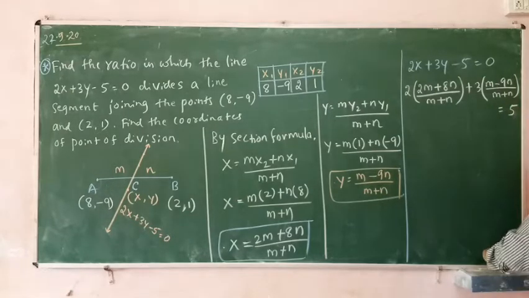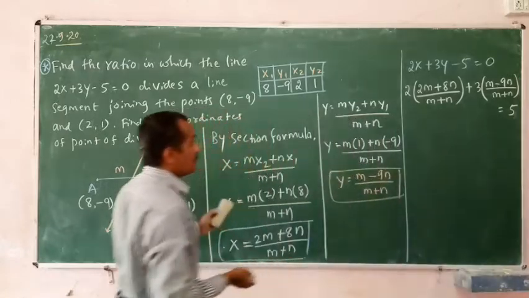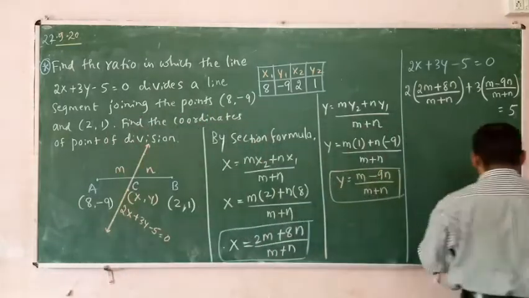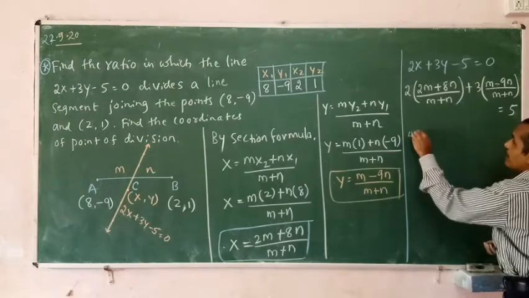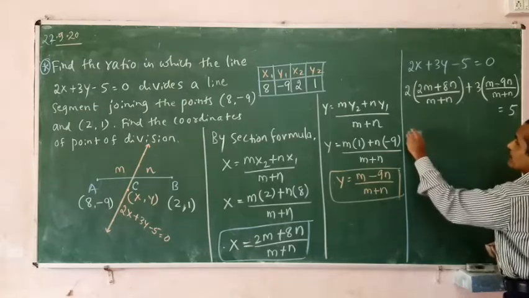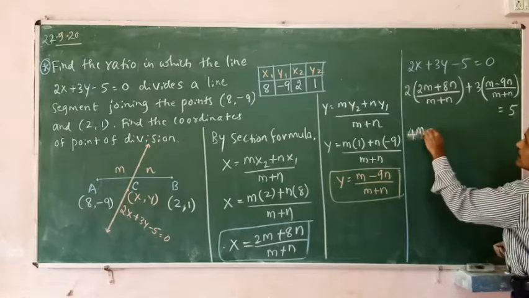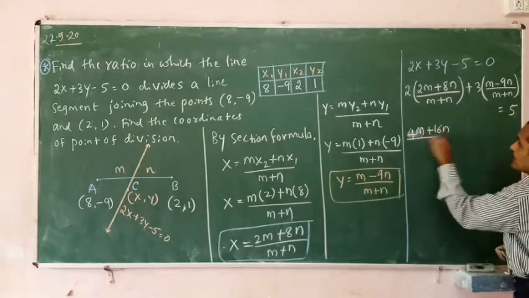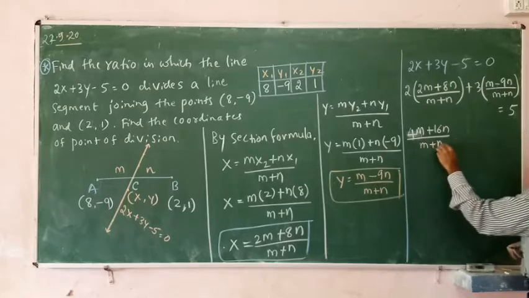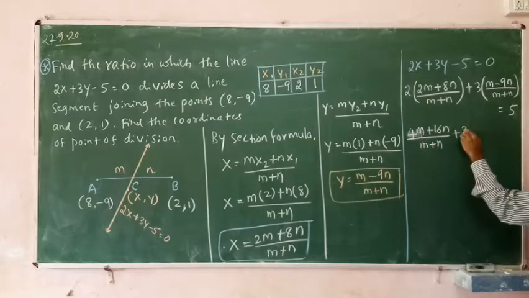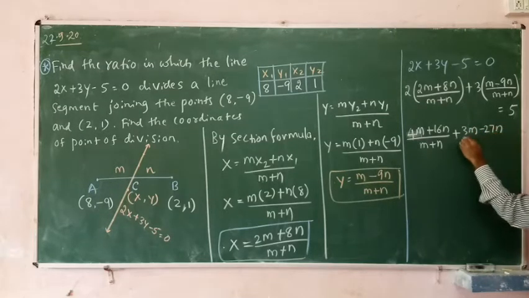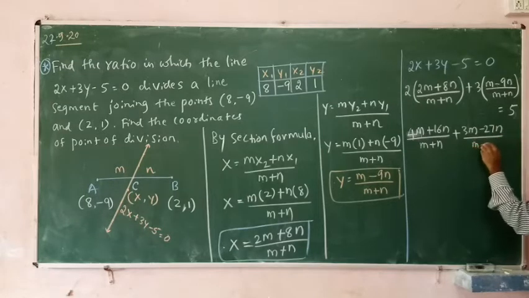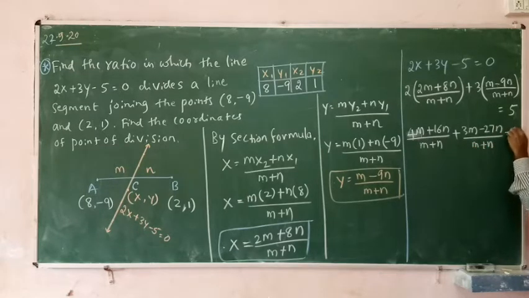Come on. It is 4m. Open the bracket. 4m plus 16n divided by m plus n plus 3m minus 27n divided by m plus n is equal to 5.